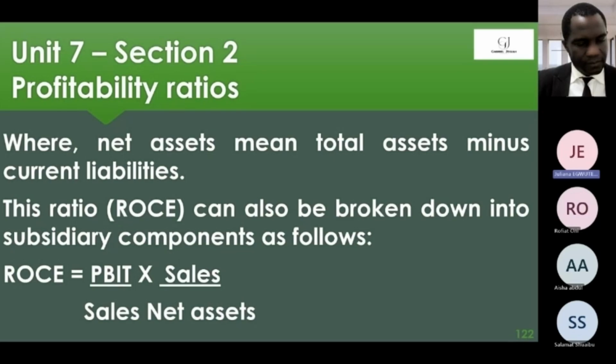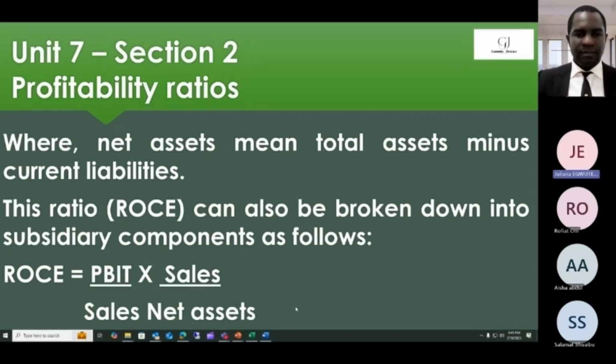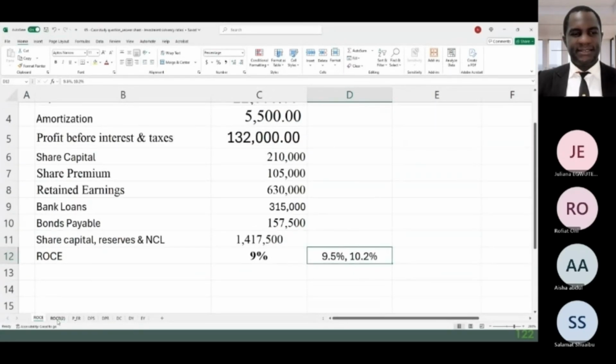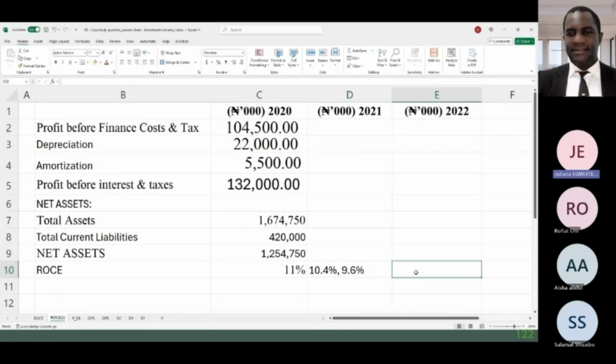For 2022, I got 9.6 as well. Oh, fantastic. For which variant, the first or the second? The second one, that's total net asset less current liabilities. Okay, 9.6. All right.